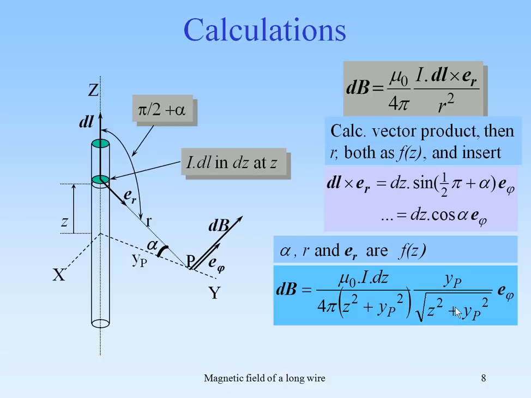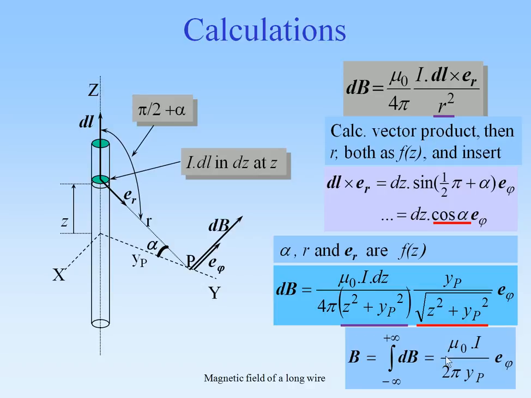That's the cosine of alpha, y_P over R, and here is R squared. And when you integrate, you end up using the standard integrals with mu naught I over 4 pi times 2 over y_P.